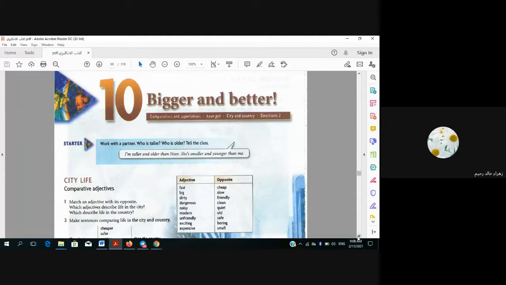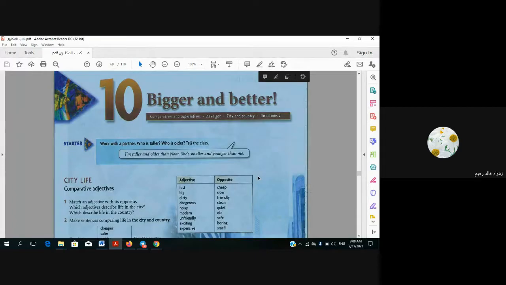Yes, Unit 10. In Unit 10 we have comparatives and superlatives, with city and country. Do you know the meaning of comparatives and superlatives?